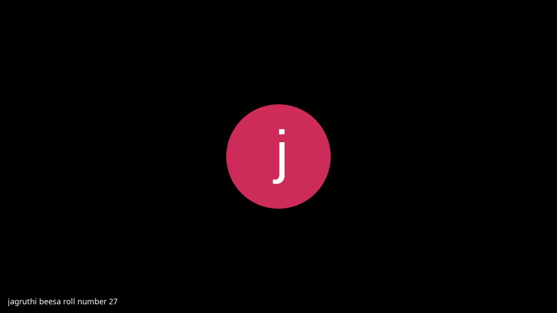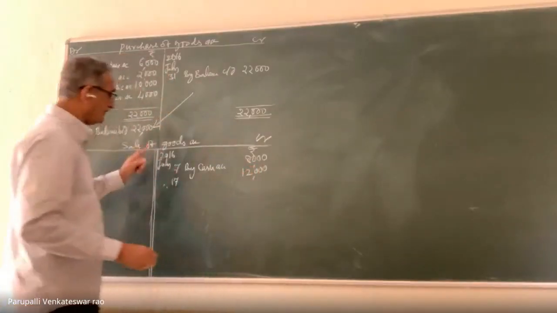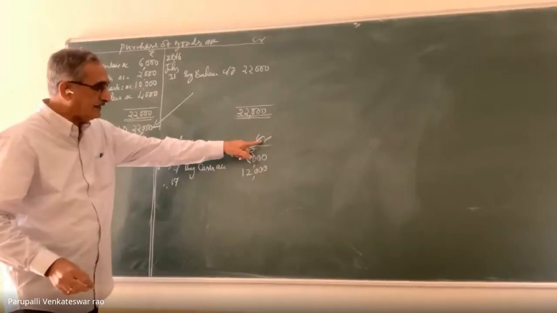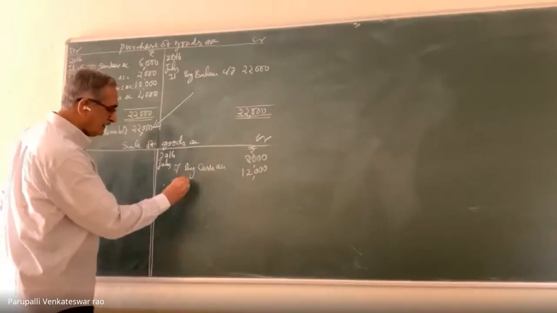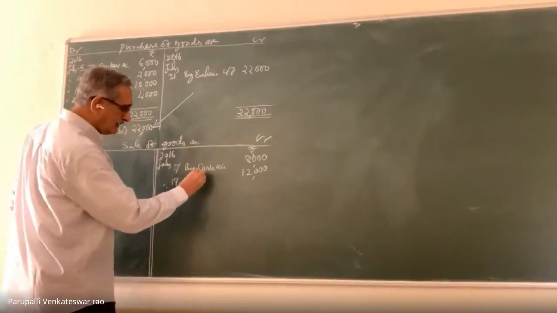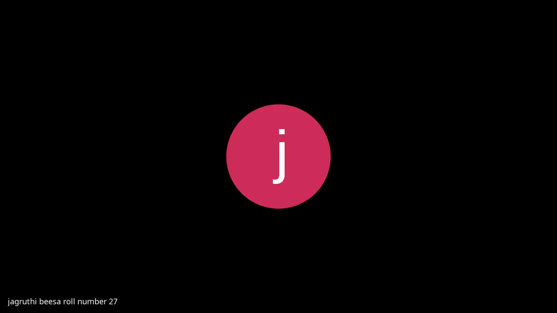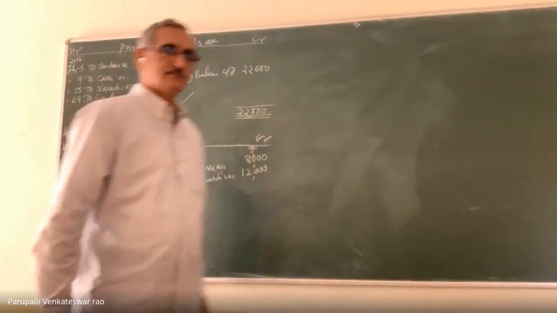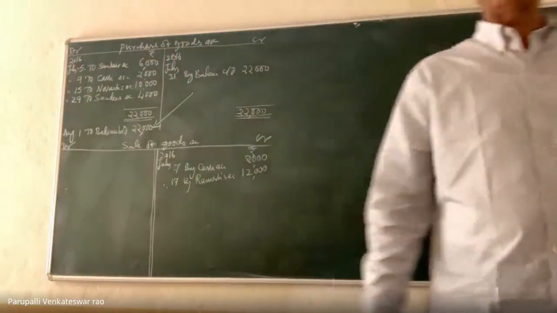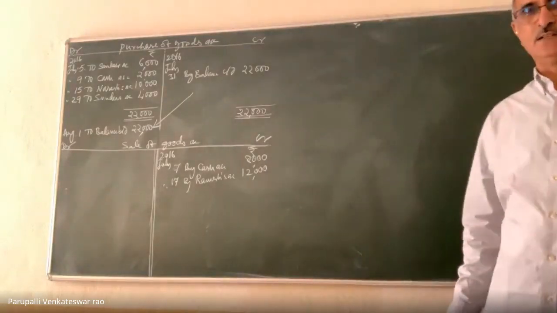Sale of goods account is credited with rupees 12,000 by Ramesh account. Ramesh account, it is 12,000. It is over.